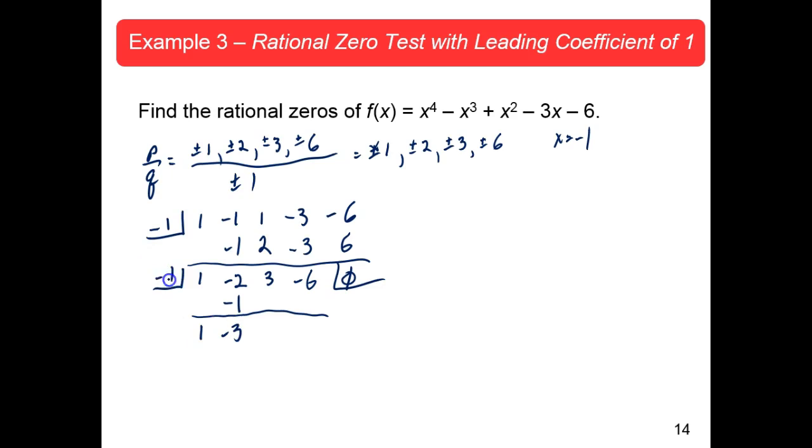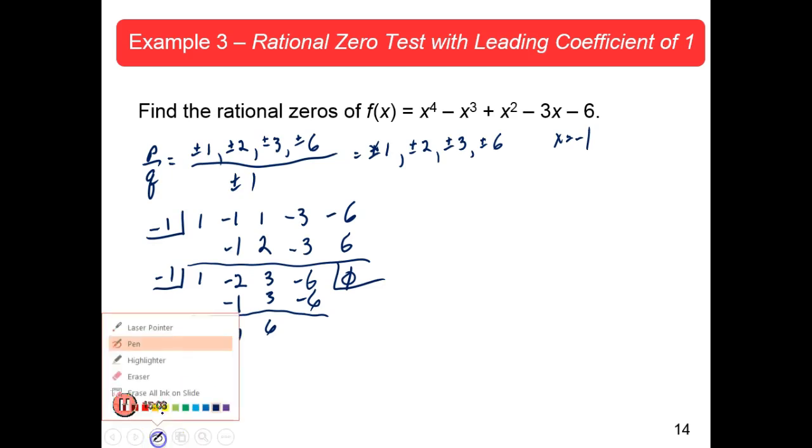Negative 3. Then you get 3. And then you get 6. Then you get negative 6. And then you get, okay, yeah, you did it right, but it's not a 0, is it? You need that to be a 0 for negative 1 to be another 0 of the function. So therefore, negative 1 won't work again, but it was worth a shot.